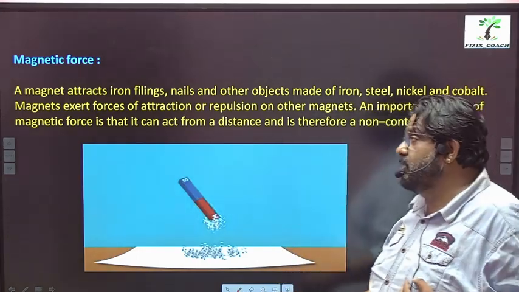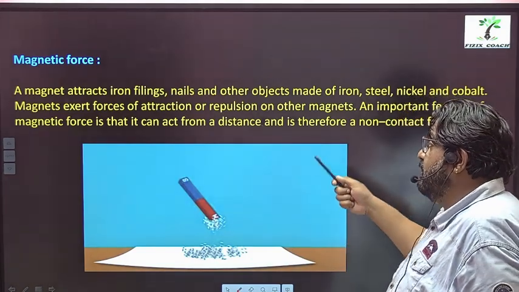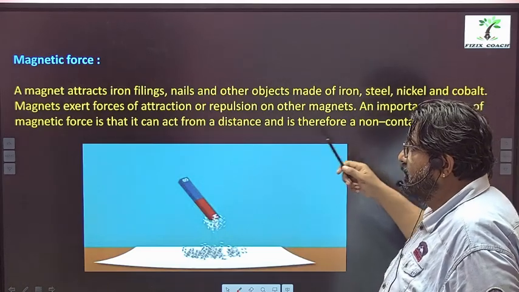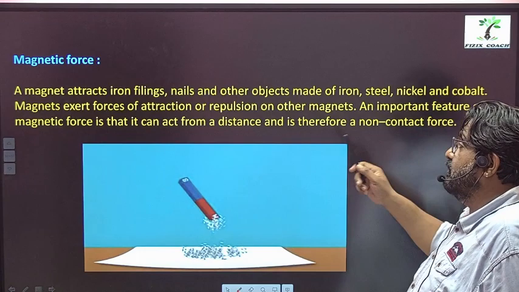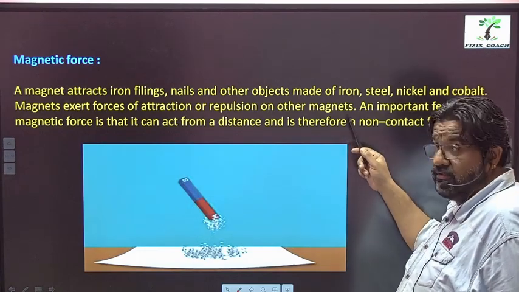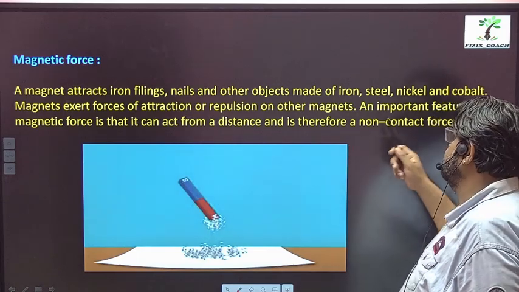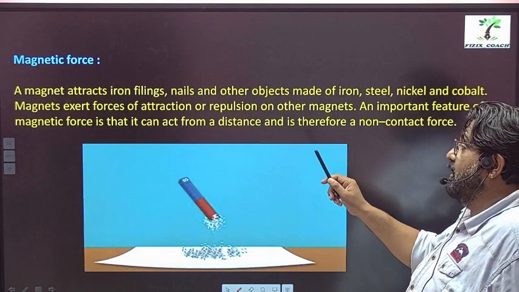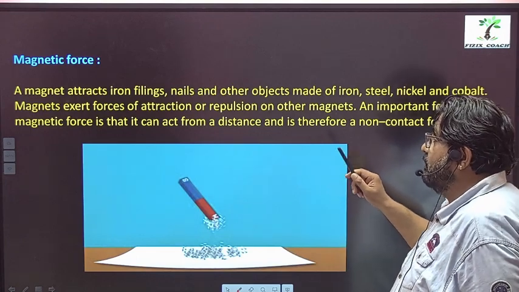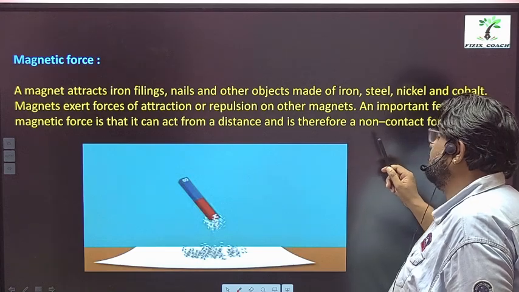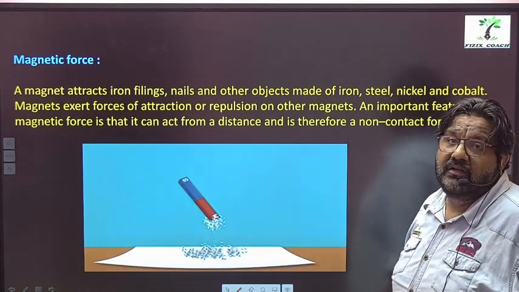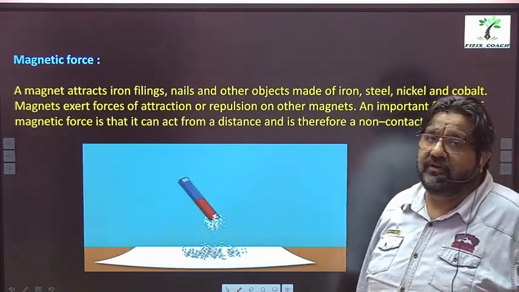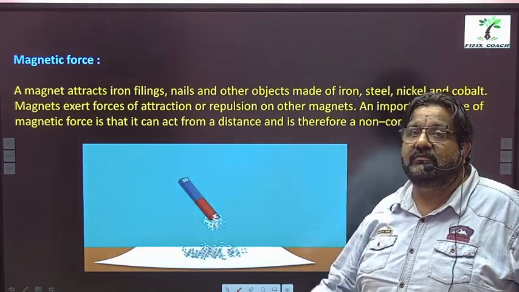See the definition. A magnet attracts iron filings, nails, and other objects made of iron, steel, nickel, or cobalt. Magnet exerts a force of attraction or repulsion onto the magnets also, the second part which I explained. The important feature of magnetic force is that it can act from a distance, and it is therefore called a non-contact force, because it acts from away.